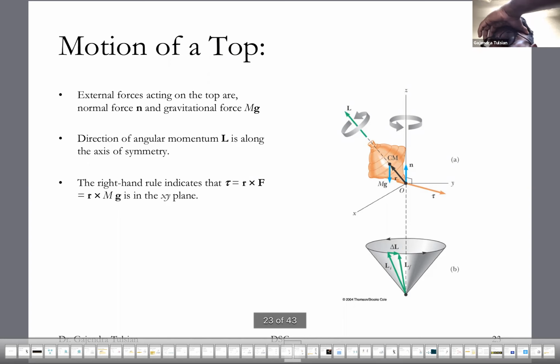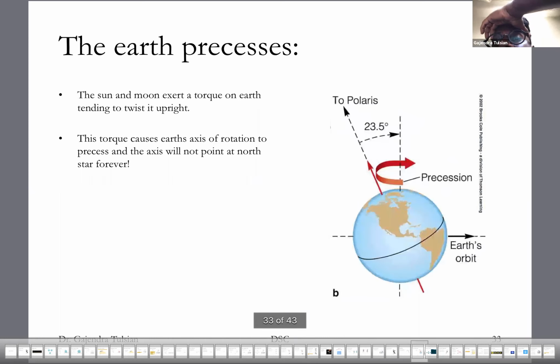All right, so let's go back to Earth. Earth is out in space. Here's the sun, here's the Earth going around, and there's the moon going around the Earth. The Earth is spinning on its axis, and it turns out that if the Earth was a perfect sphere, this would not be possible.